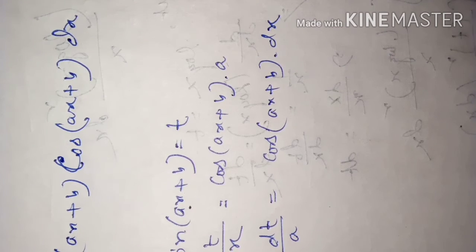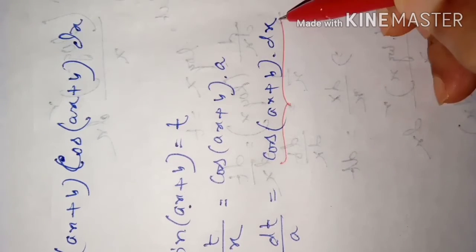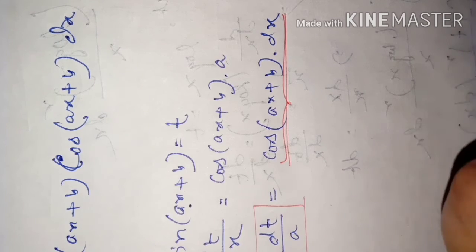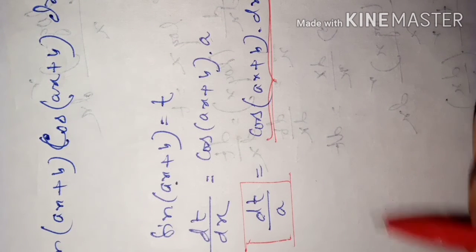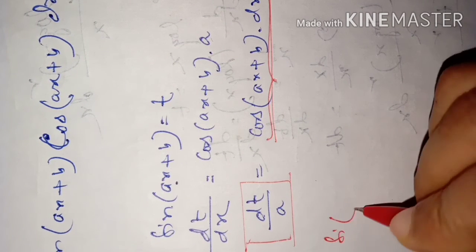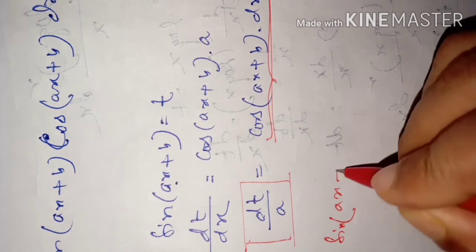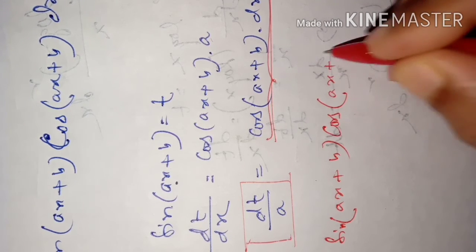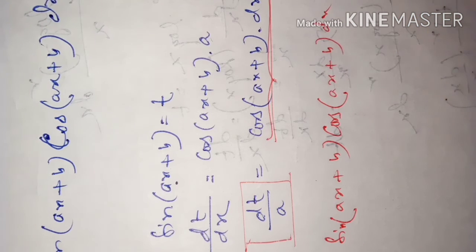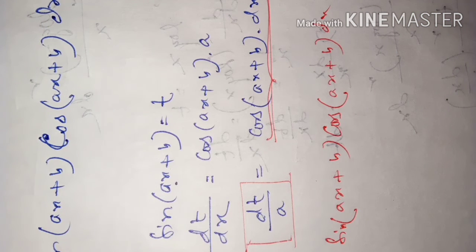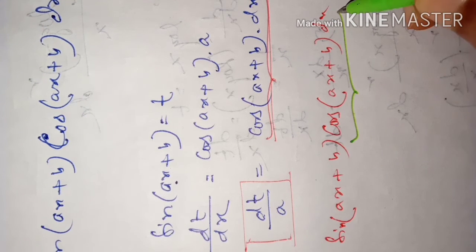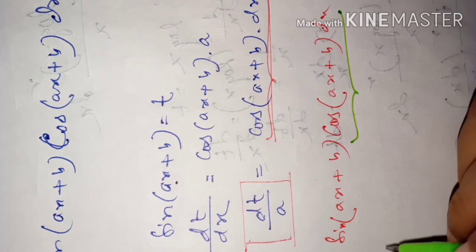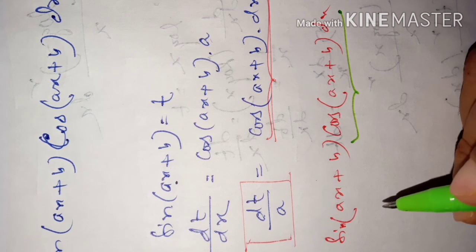So now dear students, think: where this part is there, that can be replaced now by dt by a. So let us write the original expression: integral of sine of ax plus b into cos of ax plus b dx. Now we write cos of ax plus b into dx as dt by a, and sine of ax plus b as t.